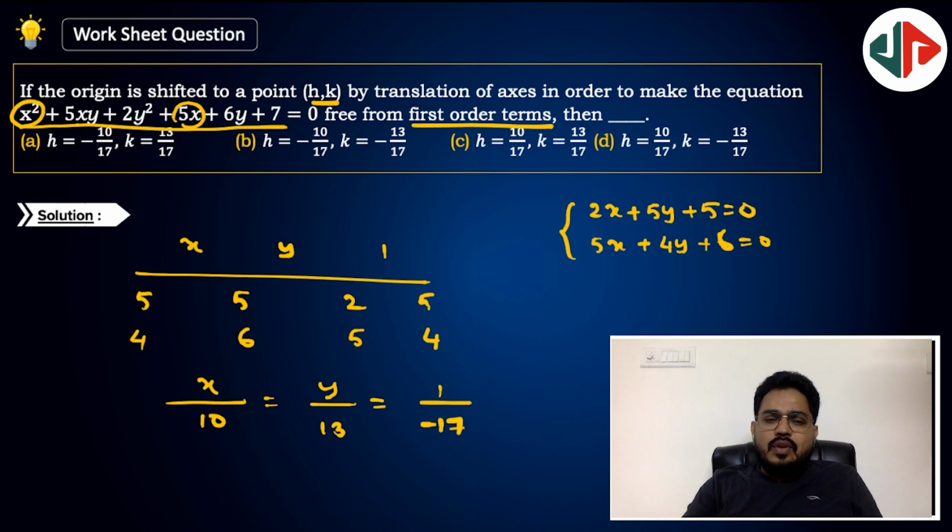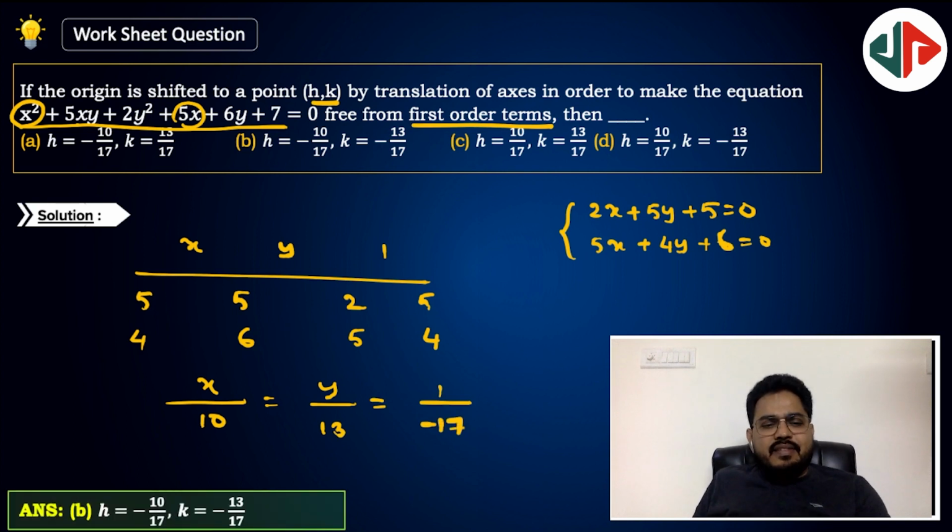So h is equal to minus 10 by 17 and k, the y value, is equal to minus 13 by 17. This is one way, or if you remember the formula with h and g, but the problem is h is equal to 5 by 2, g is equal to 5 by 2. If you miss the 2 in the denominator, your whole problem goes wrong.